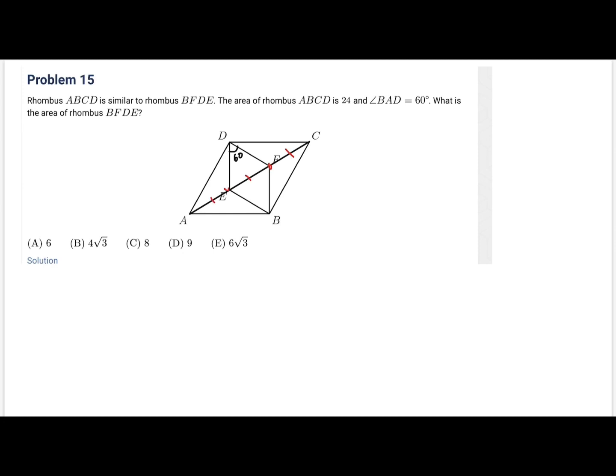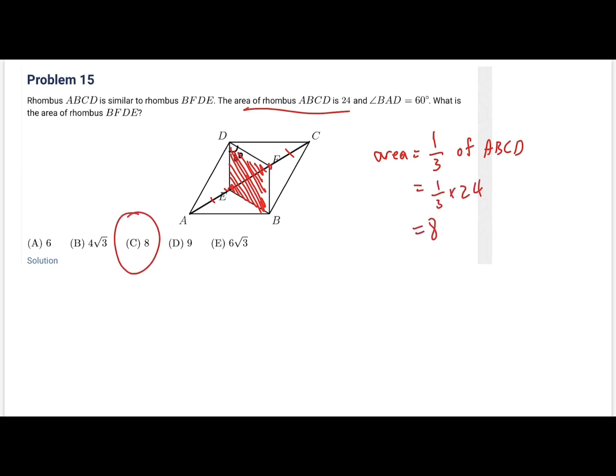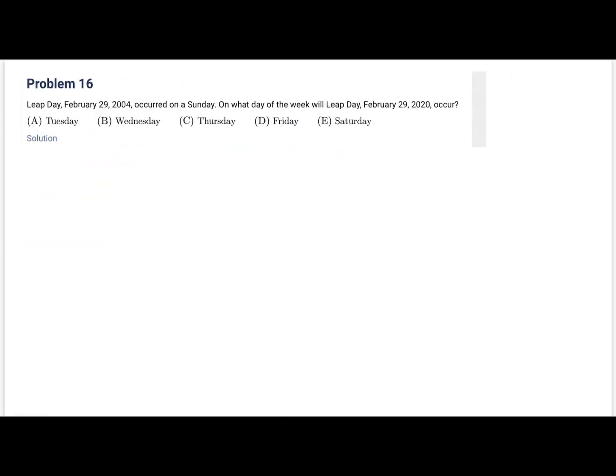And so the area of BFDE, that's this much area, is 1/3 of ABCD. And the area is 24, right? So it's 1/3 times 24, so it's 8, so it's C. Number 15 is C.